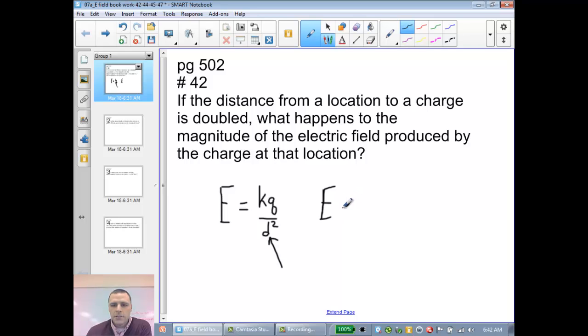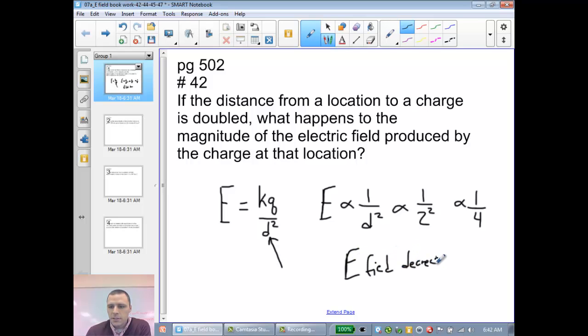The electric field is proportional to 1 over the distance squared, which is like saying it's proportional to 1 over doubling that value squared, so it's proportional to 1/4 the value. So the electric field decreases to 1/4 of the original value.